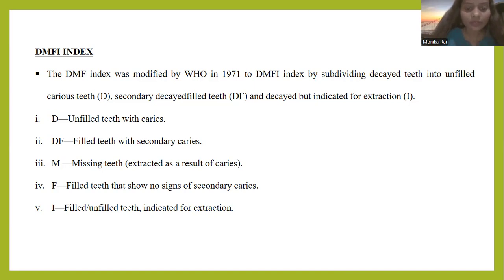So one thing we have to remember is what secondary caries is. Secondary caries is a lesion that forms around a tooth restoration or sealant, and it's also known as recurrent caries.